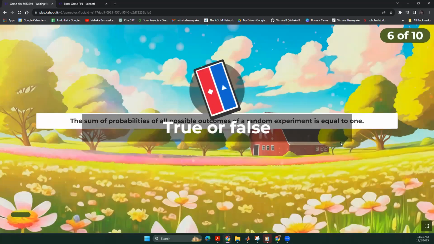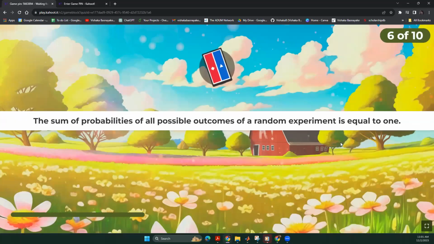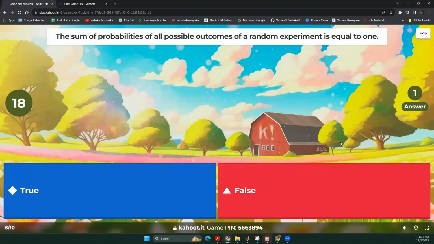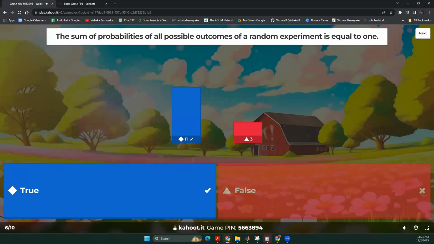Let's go ahead. The sum of probabilities of all possible outcomes of a random experiment is equal to 1. Is this true or false? It is true, right?